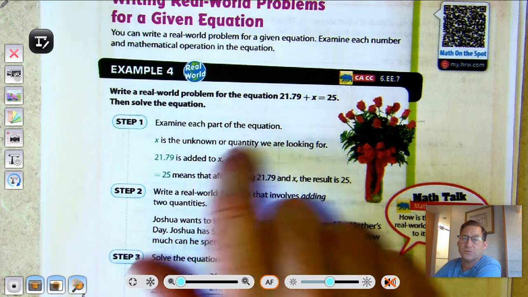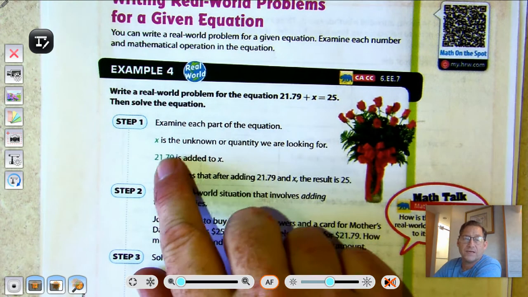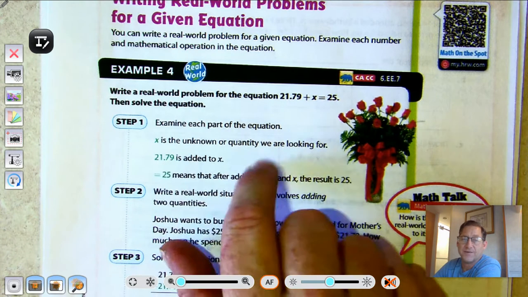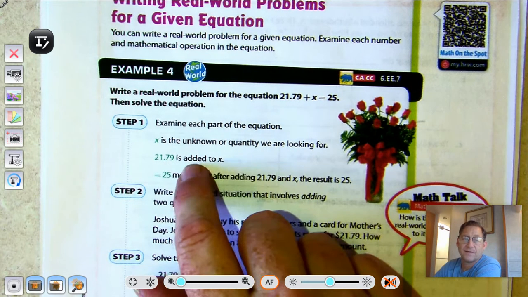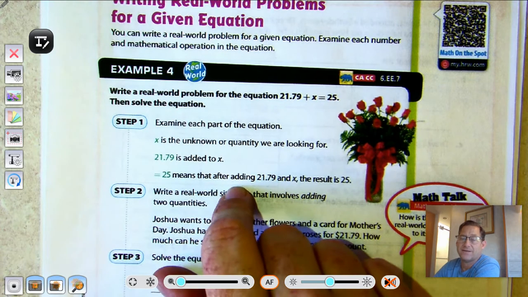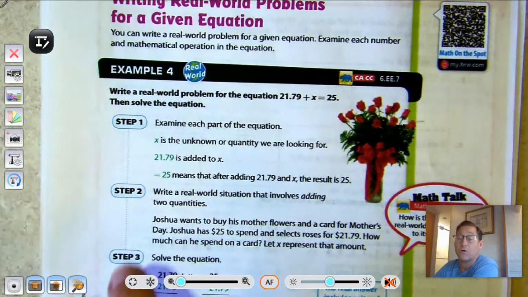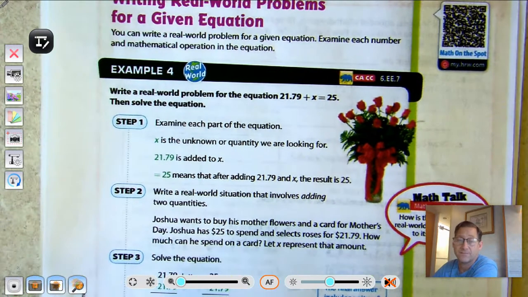X is the unknown, right? We have to find this amount. And we know that 21 and 79/100 is being added to x. Equals 25 means that after adding 21 and 79/100 and the x, our sum will be 25. So write a real-world situation that involves adding two quantities.